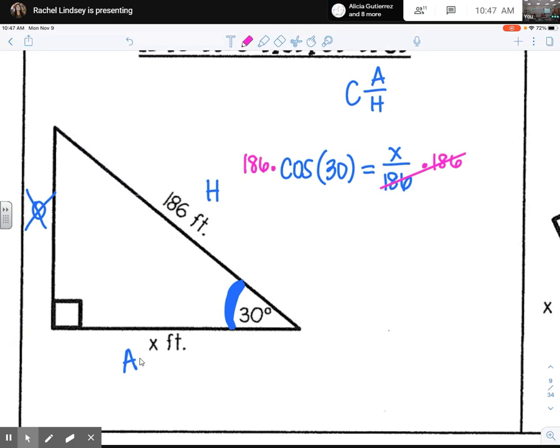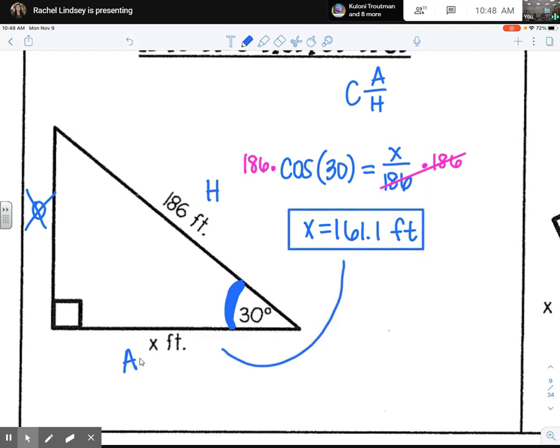So when you plug it into the calculator, you should get 161.1 for x. And that would be 161.1 feet. So this side right here is 161.1 feet.